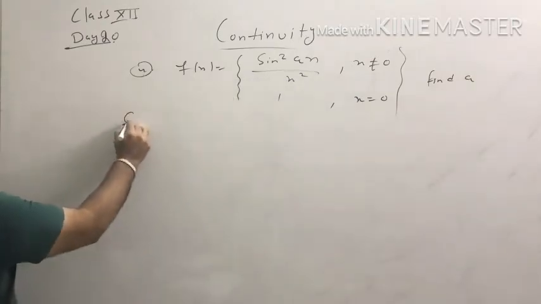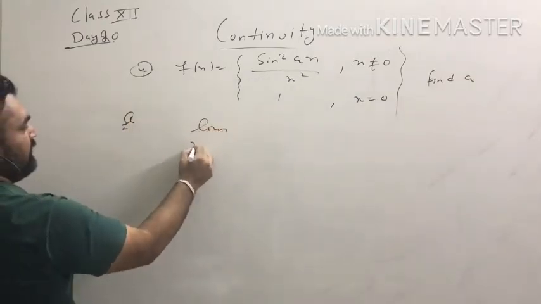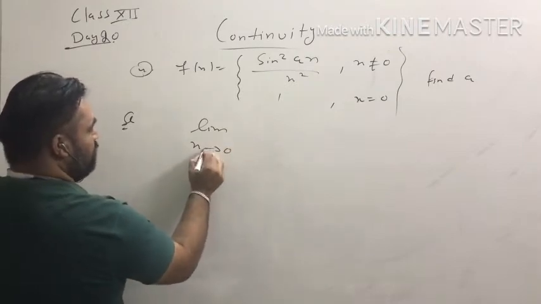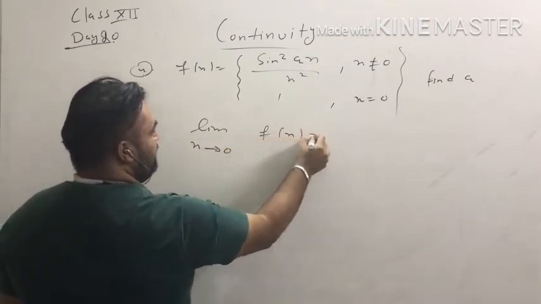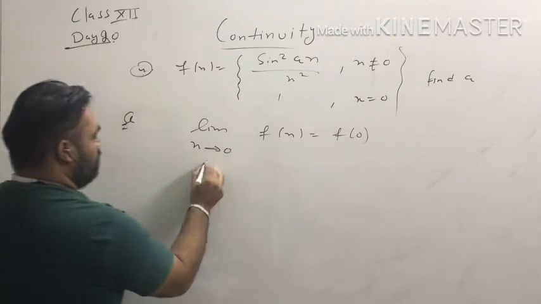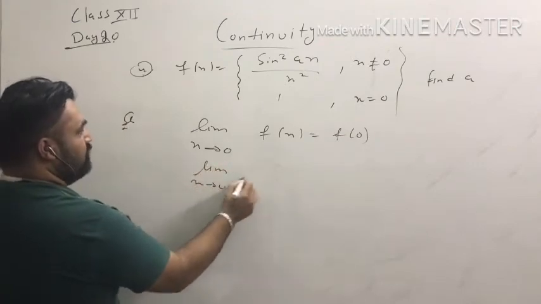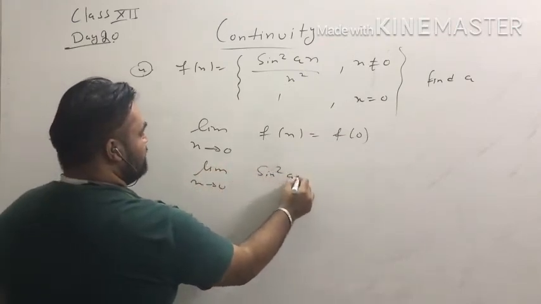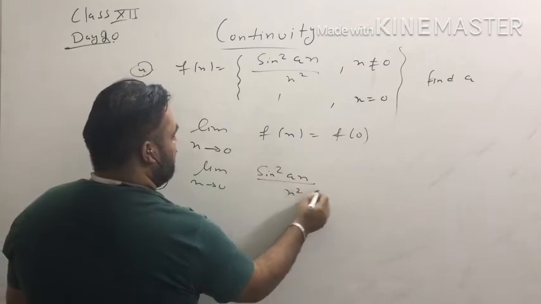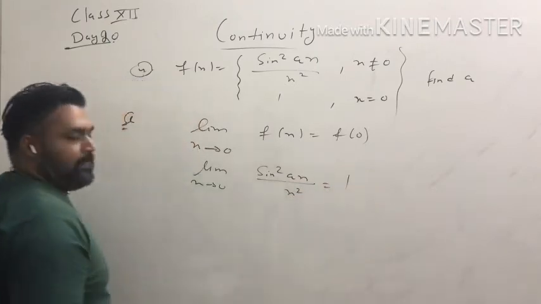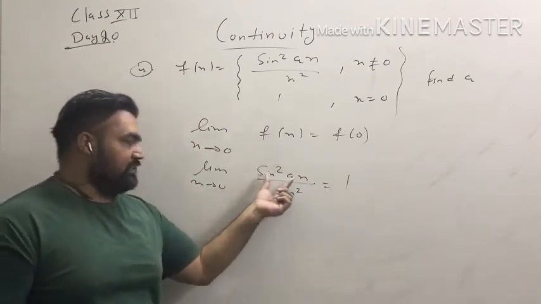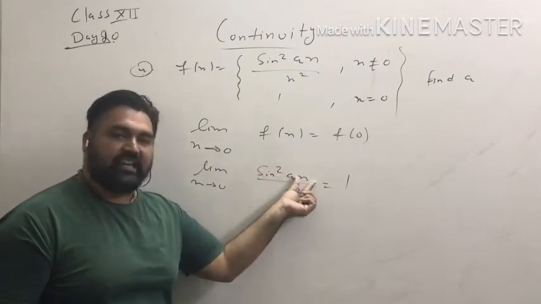Again, solution: limit x tends to 0, f(x) equals f(0). Limit x tends to 0, sin²(ax) / x² equals 1. Now the term with sin² means a²x².